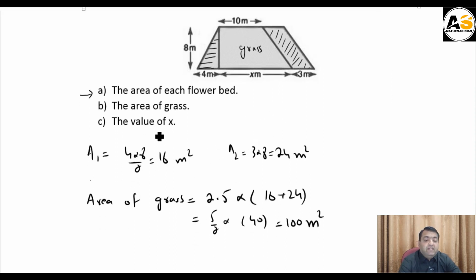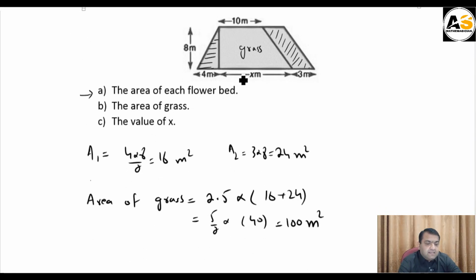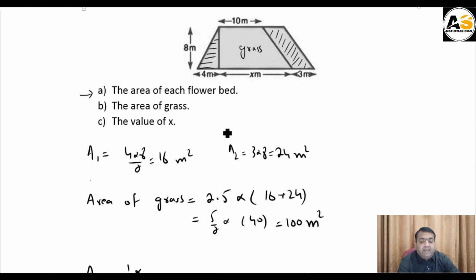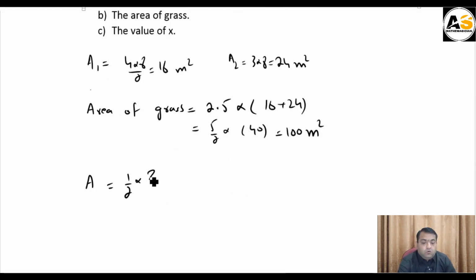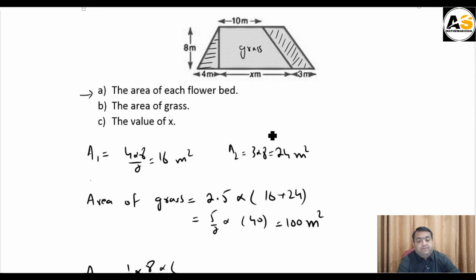Now we have to find the value of x. So what is the area of grass? The grass, basically, is a trapezium, and area of trapezium is 1 by 2 into height, which is 8, into sum of two parallel sides, x plus 10.